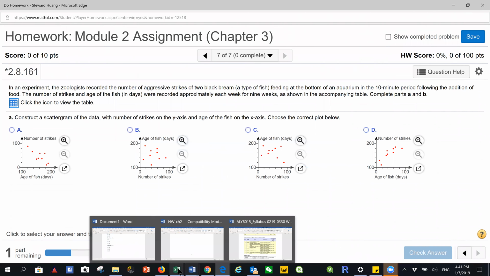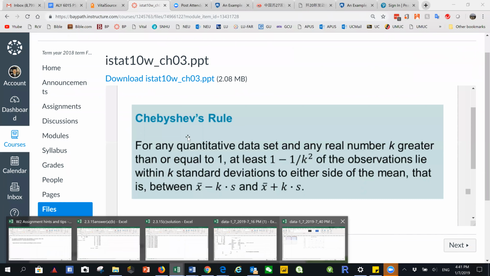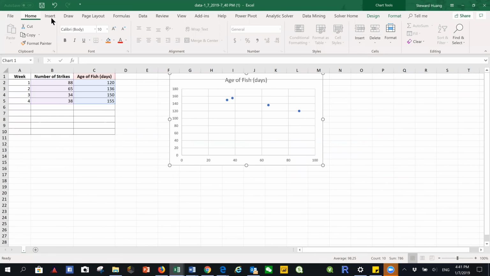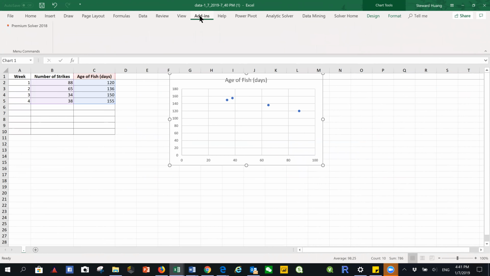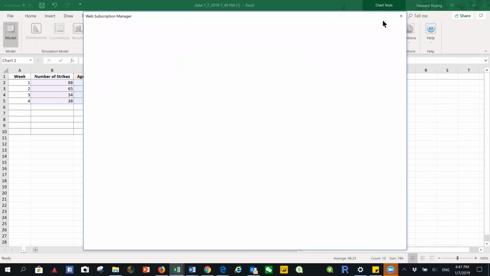If you want to plot a box plot, which is very, very useful, what you can do is install another software as an add-in, called Real Statistic.